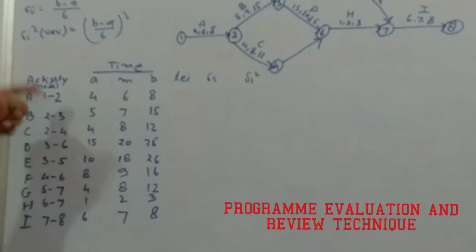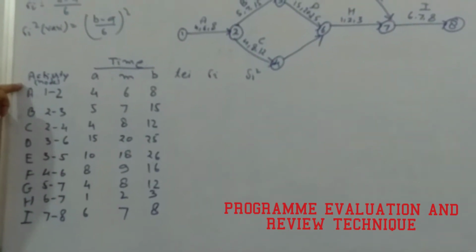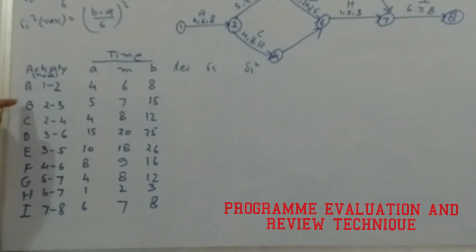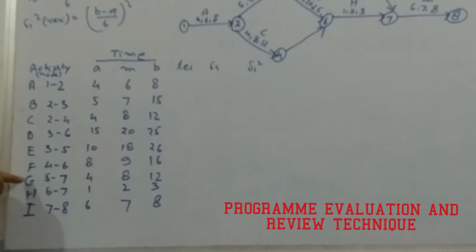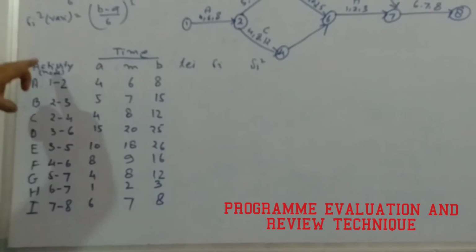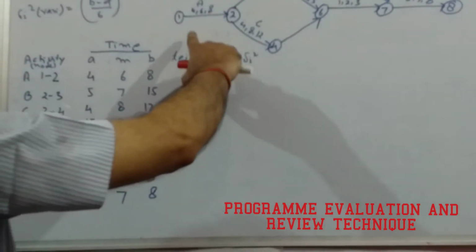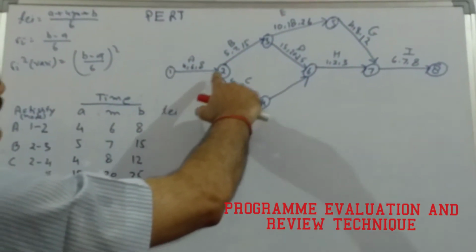Here, in short, the names of the activities are written: A, B, C, D, E, F, G, H, I. Their nodes from the network have been determined.